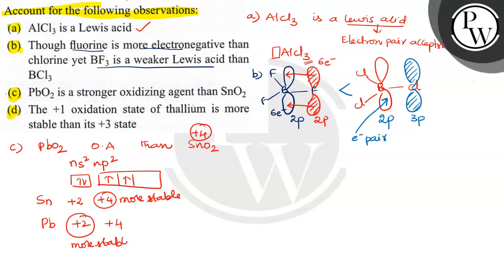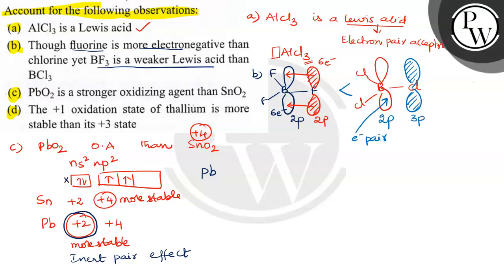The reason behind this is the inert pair effect. Because of the inert pair effect, it is possible only in the large sized atoms of p block elements. So the outermost s electrons tend to pair up and they do not involve in the bond formation. So this is called the inert pair effect. So because of inert pair effect, Pb +2 is more stable.